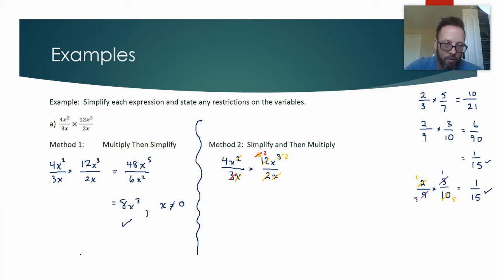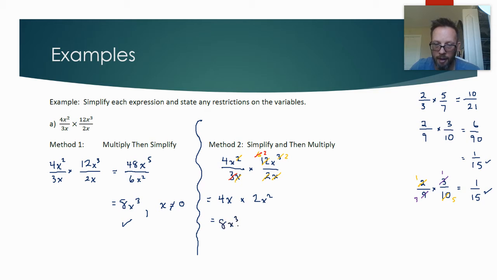So what's left? We've got purely 4x from the first bit, and then purely 2x squared from the second bit. And you may have noticed already that that does give you the same answer, 8x cubed over 2x squared.